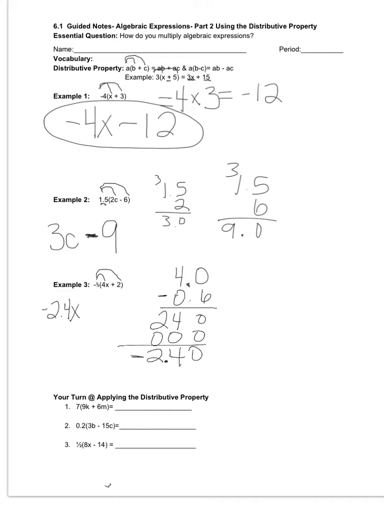2.4x. Now the next thing I need to do is multiply negative 3/5 times 2. So I'm going to take 2.0 times 3/5 or 6 tenths, and it is a negative.